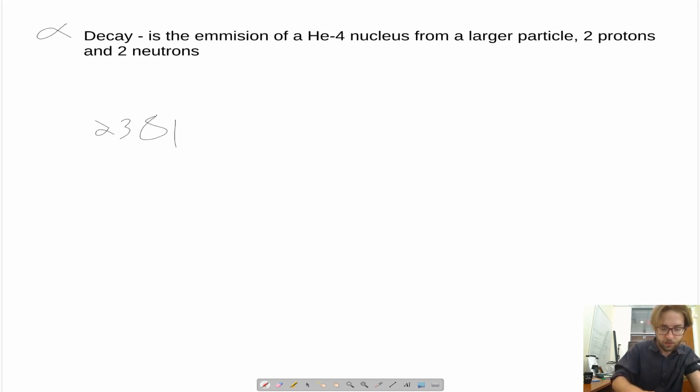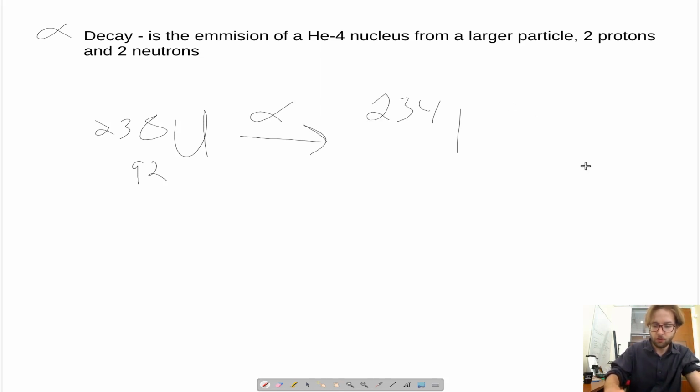uranium 238, so this is element 92, will undergo alpha decay, and then this becomes thorium 234, right?